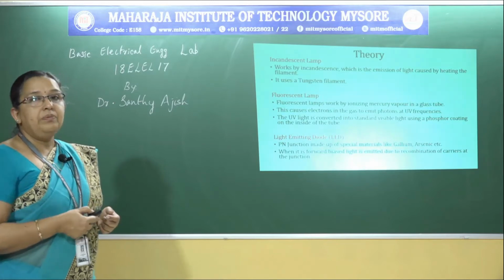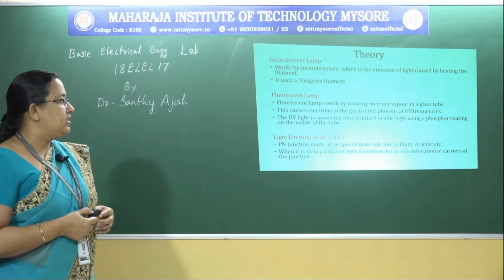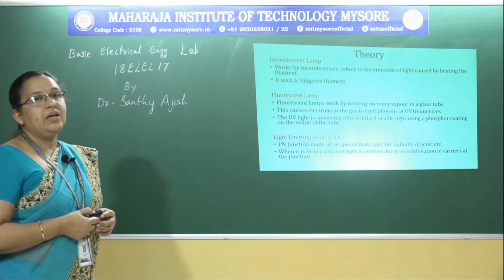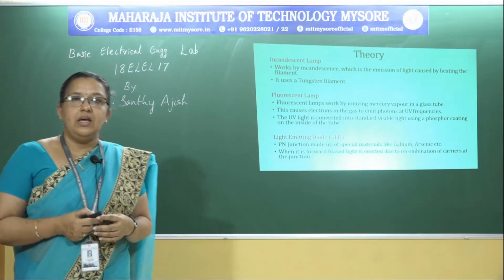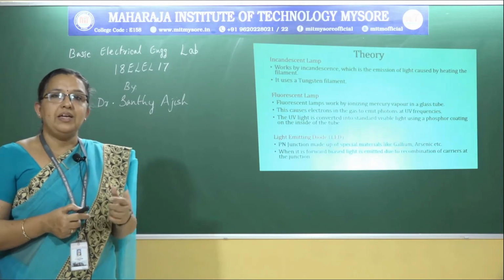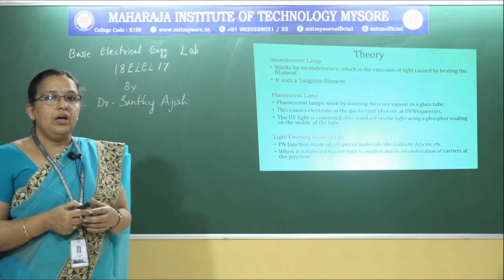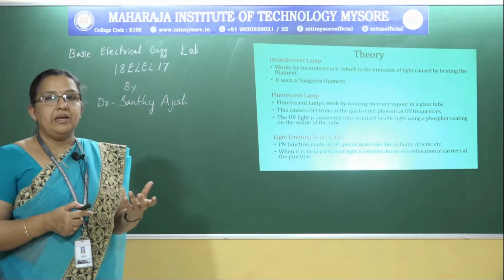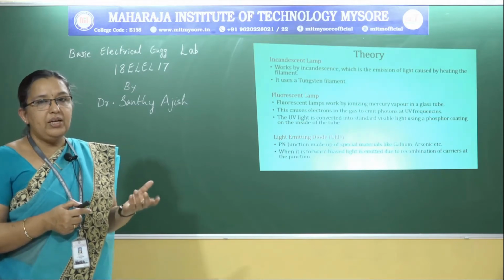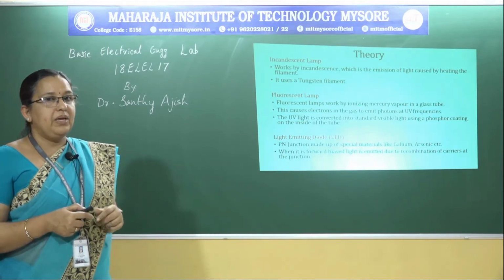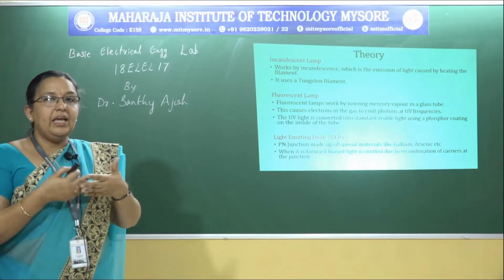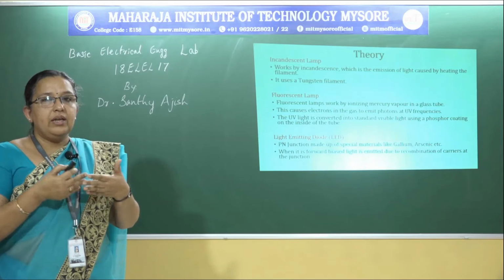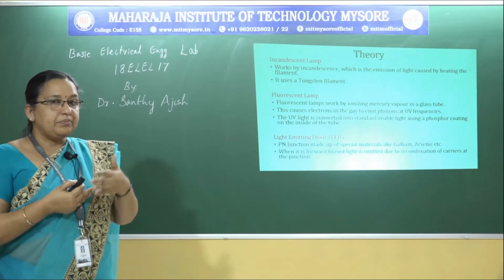Now the third type of bulb which is nowadays coming up is the light emitting diode. This actually is a solid state device, basically a PN junction. So when a PN junction is forward biased, what happens? We know that at the junction of the PN junction, electrons and holes meet and they recombine. So when they recombine, what happens?